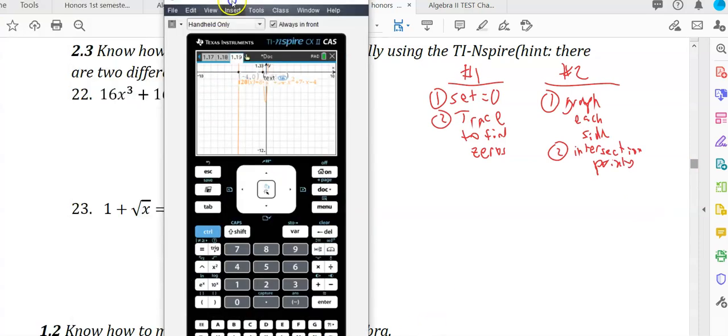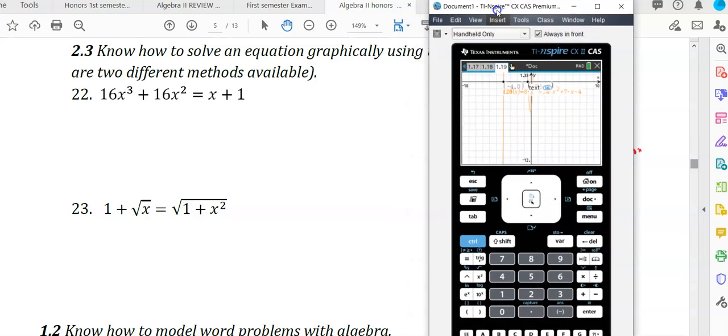So we're going to try some of this. So this one, let's set this equal to 0. Let's get that on the other side. So we get 16x cubed plus 16x squared minus x minus 1 equals 0. So I'm going to graph the left-hand side.